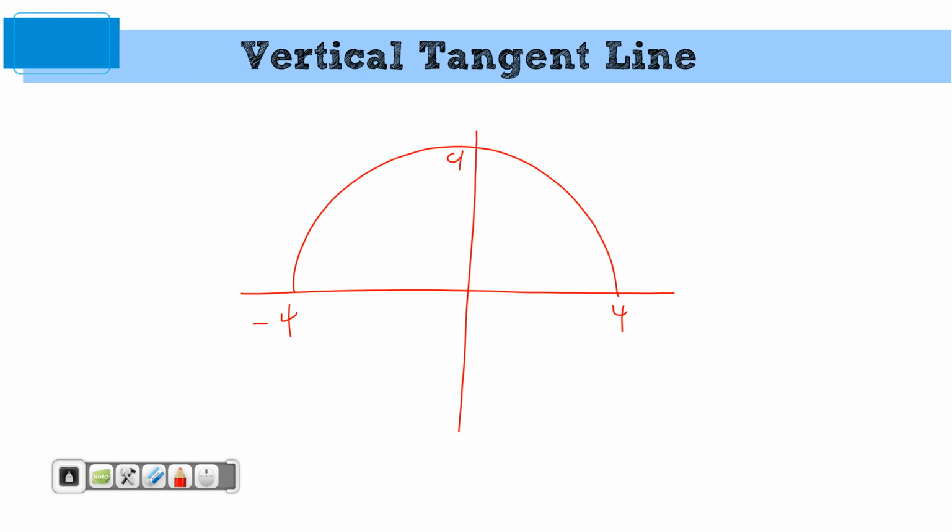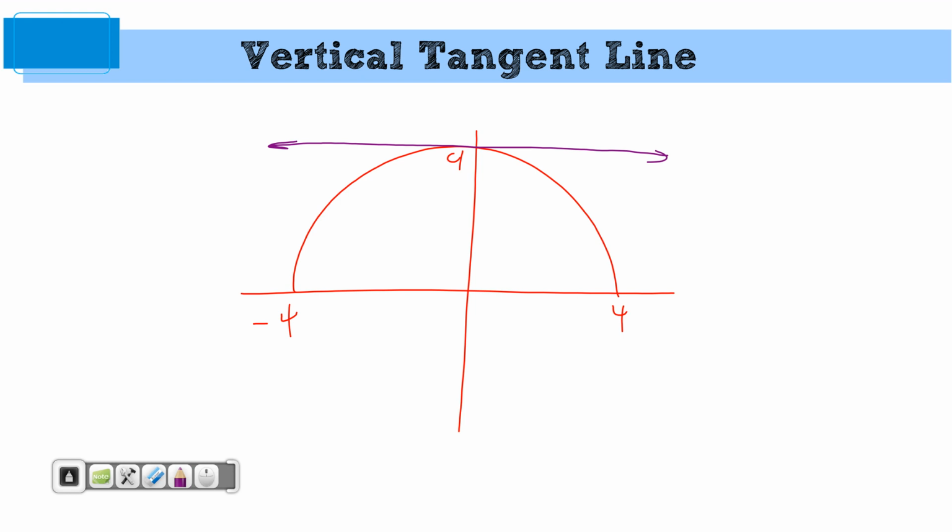Answer the question I'm asking, not what you think I'm asking. What's the slope of the tangent line at x equals 0? It's 0. It's the point at (0, 4), so it's horizontal. There you go, that's the word we're looking for. Horizontal tangent line has a slope of 0.